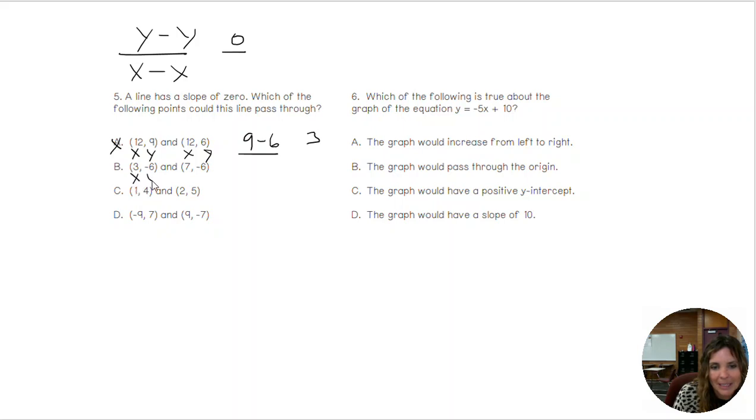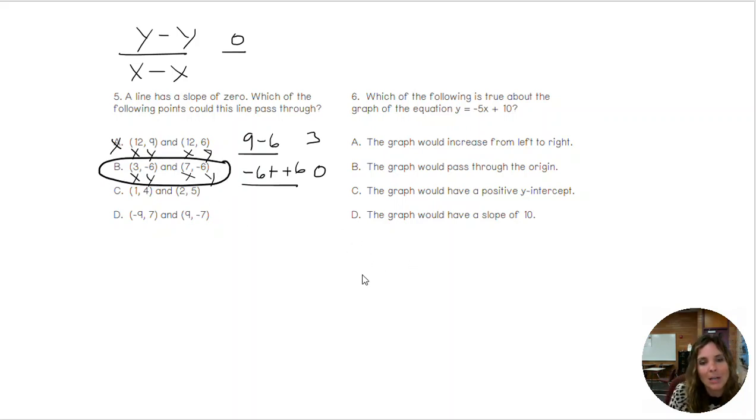This is x, this is y, this is x, this is y. So a -6 minus a -6 over something, well, that gives us a 0 on the top of the fraction. So that would be our answer, because in order to have a slope of 0, you have to have a rise of 0, okay?